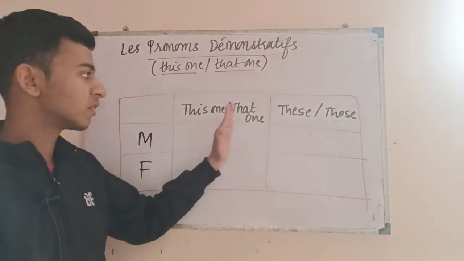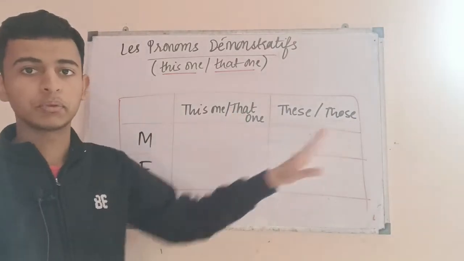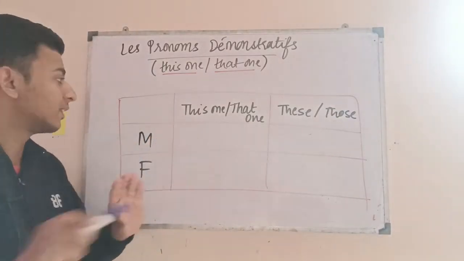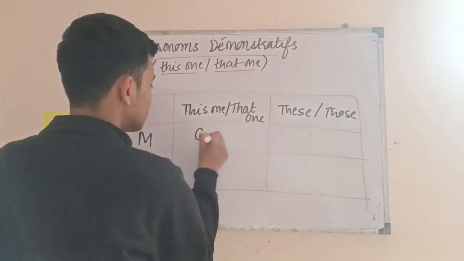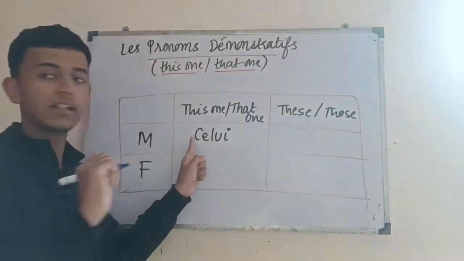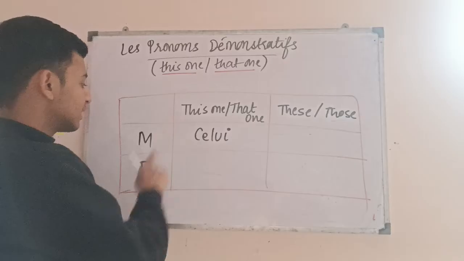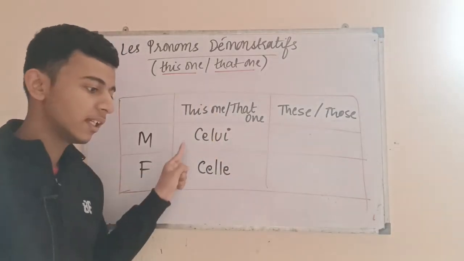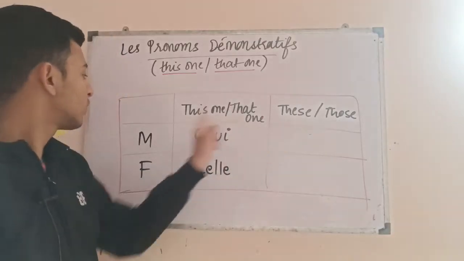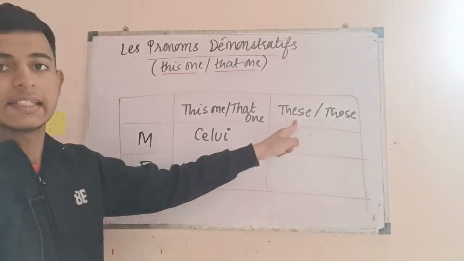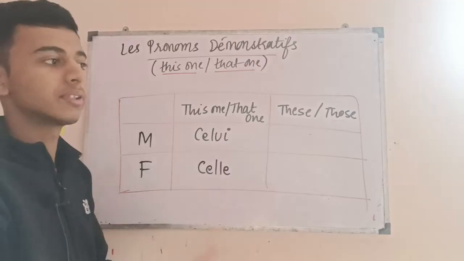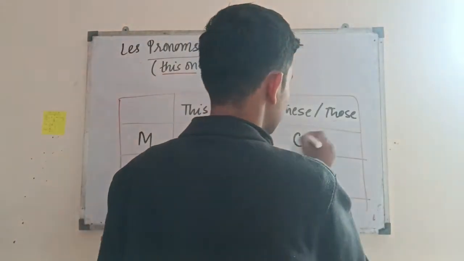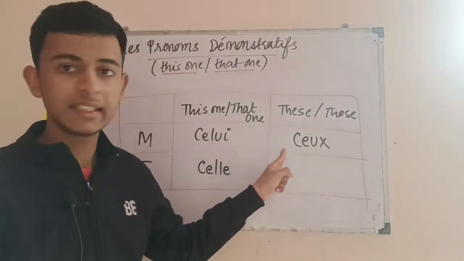This one, that one is for singular. These, those is for plural. If I want to say this one in masculine, I write celui. Similarly, if I want to write this one for feminine, I write celle. If I want to write masculine plural, that is these are my papers, then we write ceux, C-E-U-X.